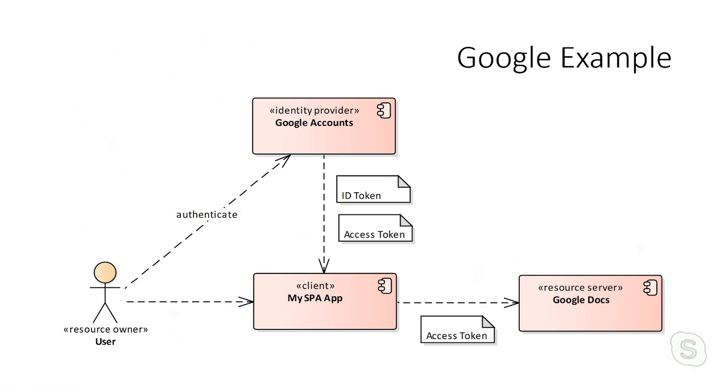So this is the scenario specialized for Google. The identity provider here is Google Accounts. I have some imaginary SPA, my single page application, and I want to access Google Docs. And Google Docs obviously doesn't want to serve the documents to everyone. They ask for the access token, and they authorize your access based on the access token.